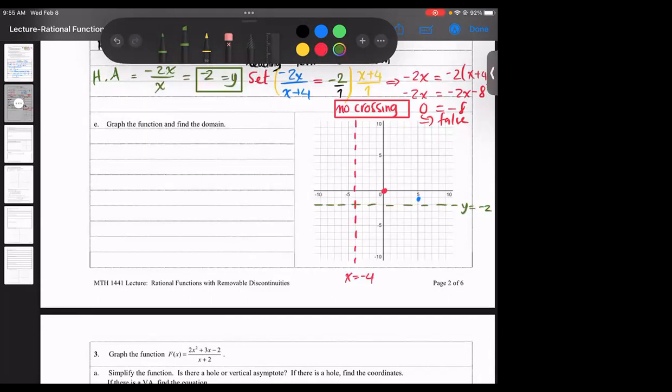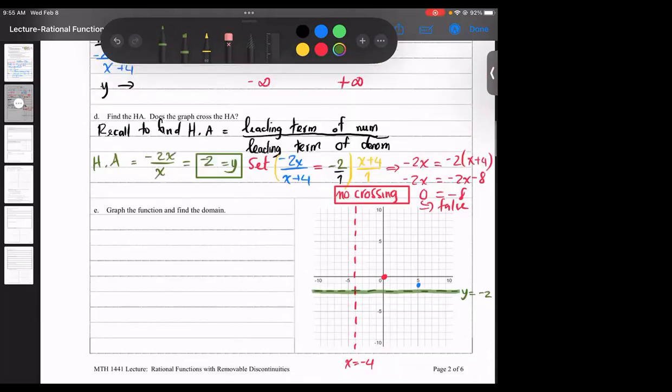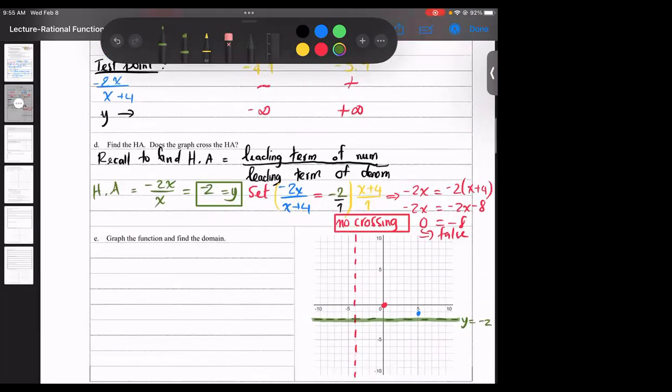For the vertical asymptote, I want a semi-solid line. All right, I think we've done the easy part. Now the behavior. The behavior will be your last, right?